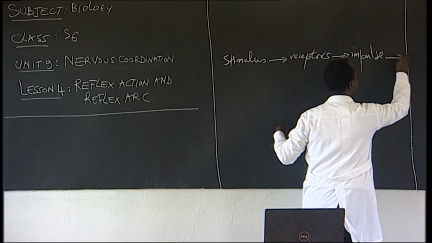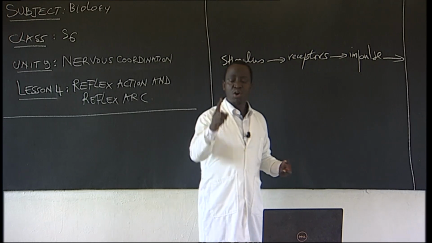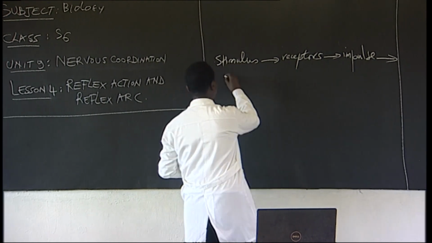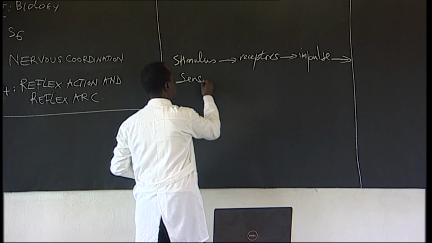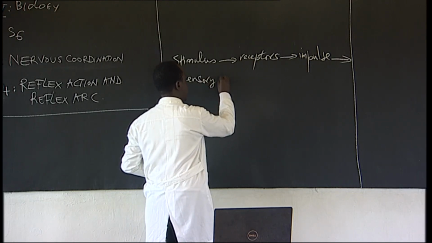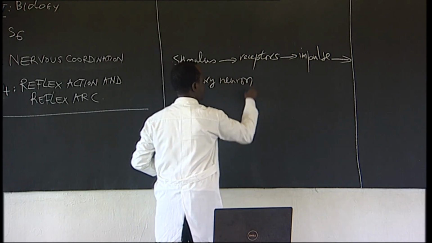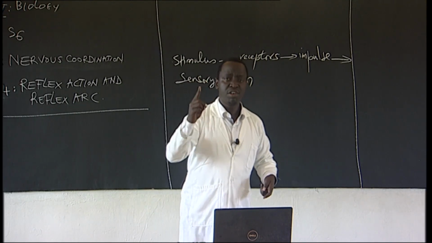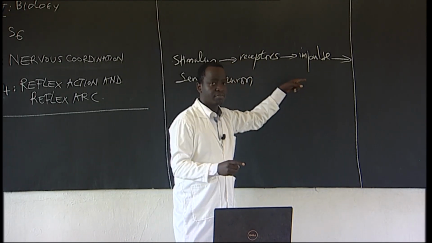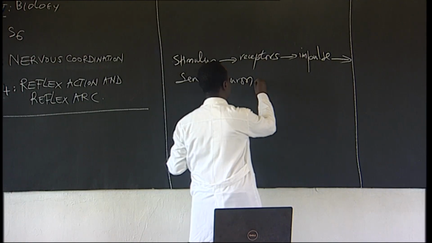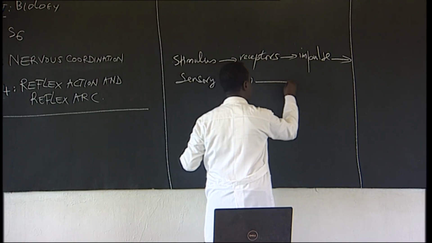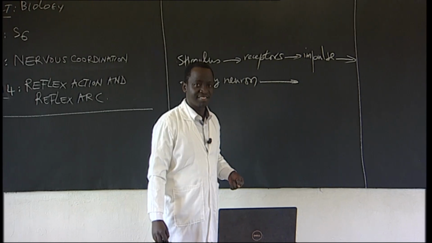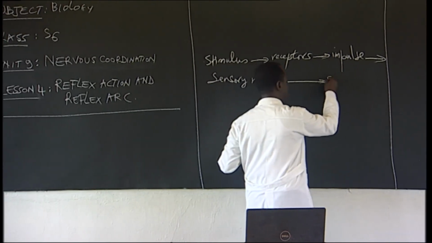And then this impulse is going to be transmitted by what we call the sensory neuron. The sensory neuron does what? It takes this impulse and carries it to the central nervous system, the spinal cord.